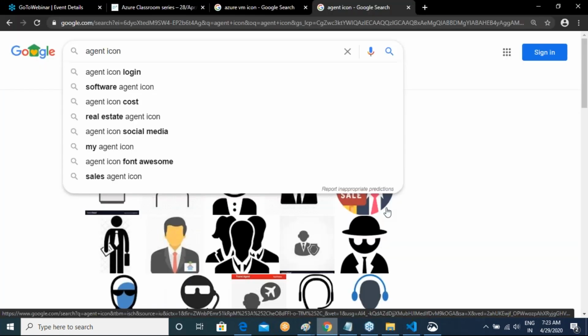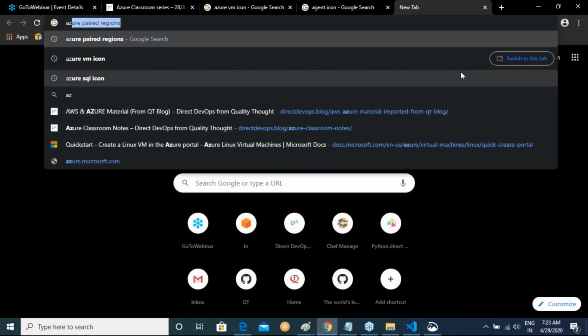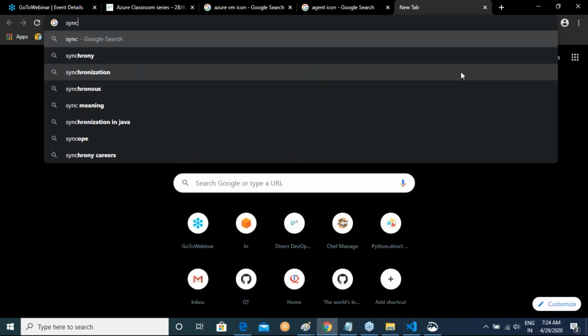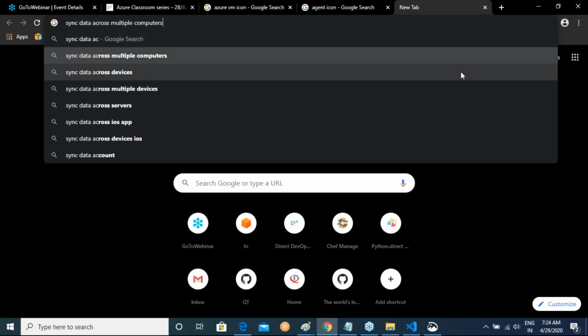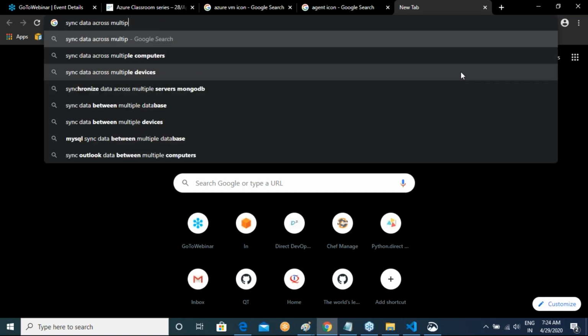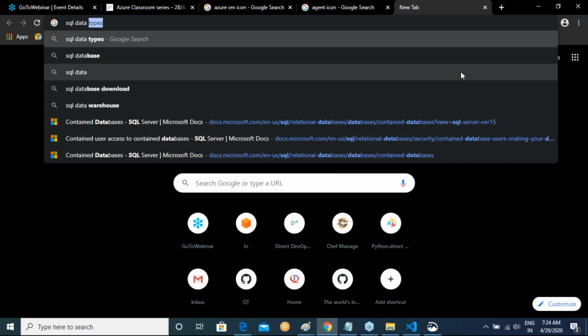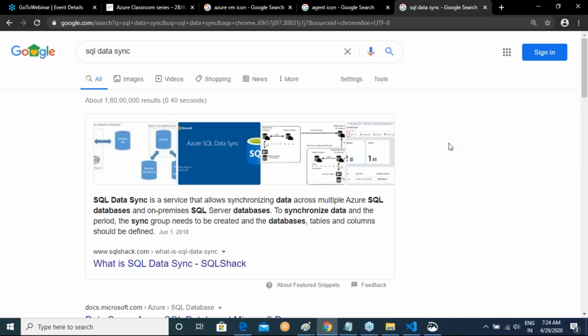I can do one more thing. Especially if you are a DBA, if you come from the database world, I would expect you to read this: sync data across SQL data sync.